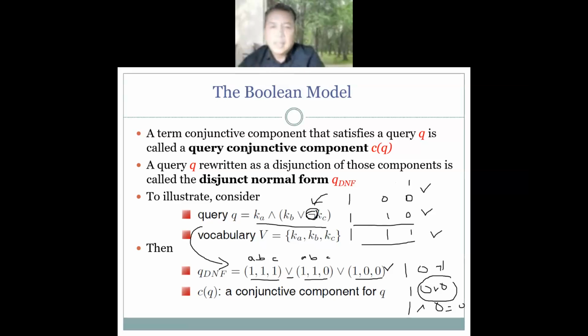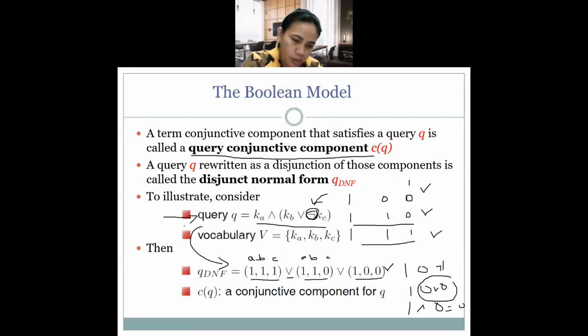For the query conjunctive component, this is just a straight expression saying what should be in the document. So here we just say, okay, the document must have keyword A and must have keyword B or not keyword C. So this one tells you what you should have in the document.